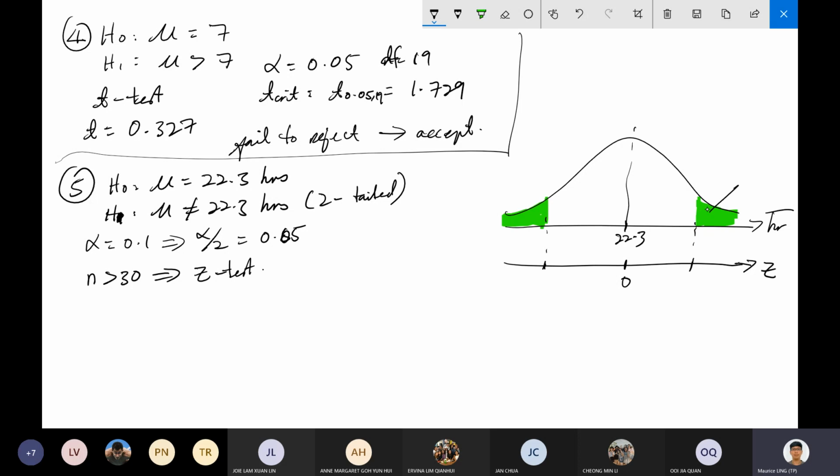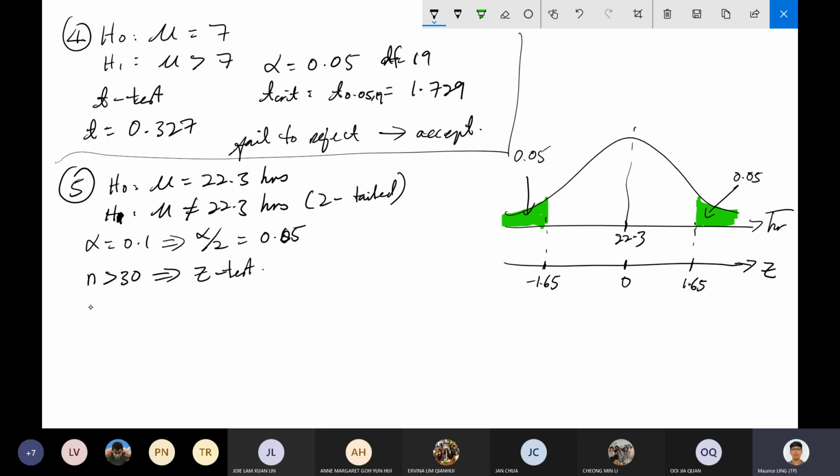If here is 0.05, this is 0.05. You end up, correct. So it's 1.65 or minus 1.65.